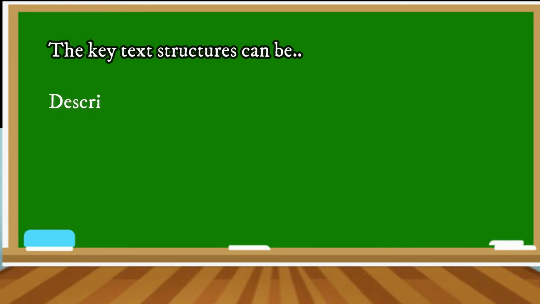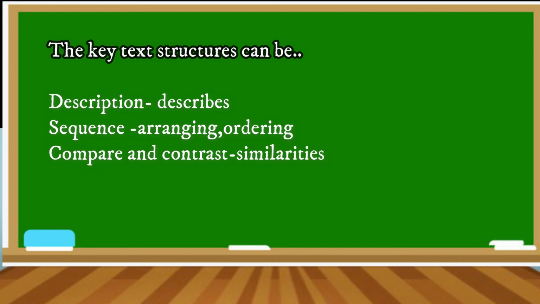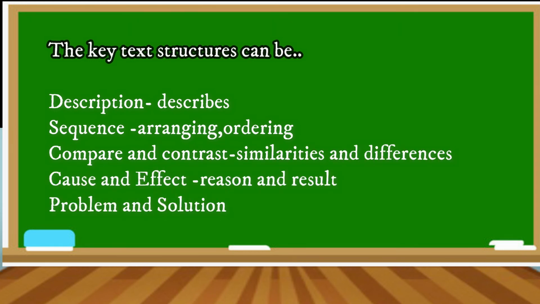The following are the different key structures. Description, it describes. Sequence, arranging order. Compare and contrast, giving similarities and differences. Cause and effect, reason and result. Problem and solution, there is a problem and the solution is given.